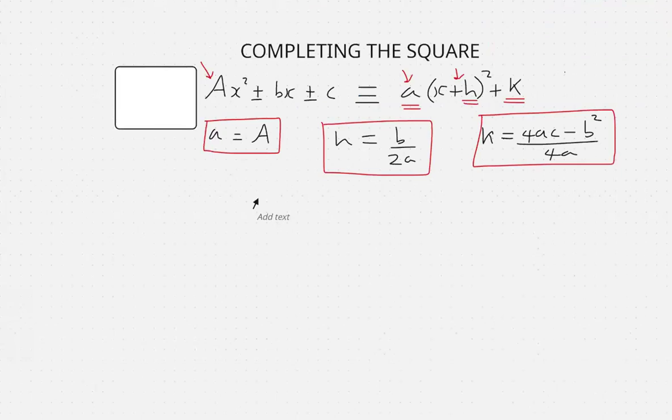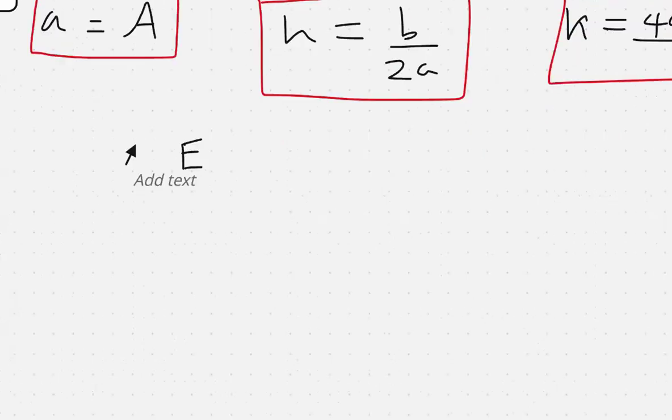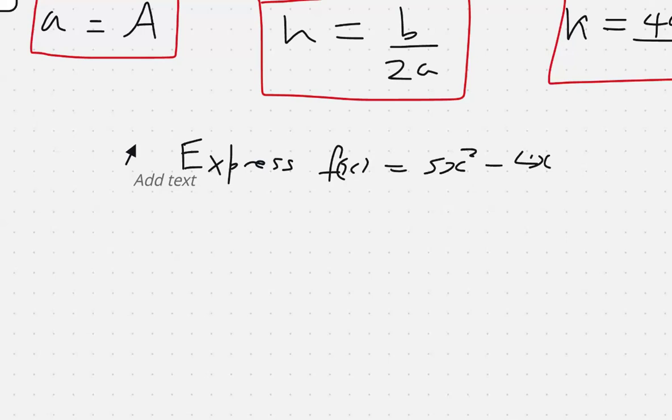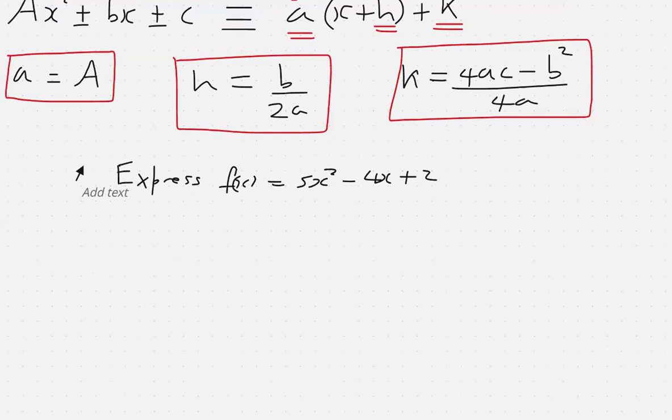They say express f of x, which is equal to 5x squared minus 4x plus 2, in the form a open bracket x plus h all squared plus k, where a, h, and k are constants.